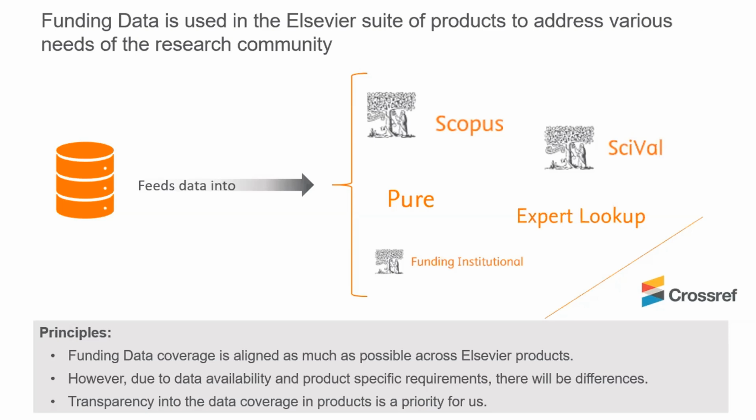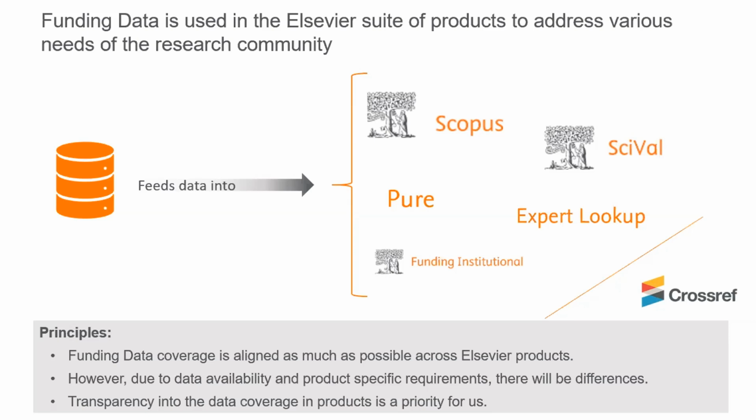But all these products are consuming the data from one single place, as you can see, the Elsevier funding database. Realistically, there will always be differences in how funders are available in each product and what funders are available in each product. And this is partly due to the availability of the metadata, partly due to the requirements of the products.